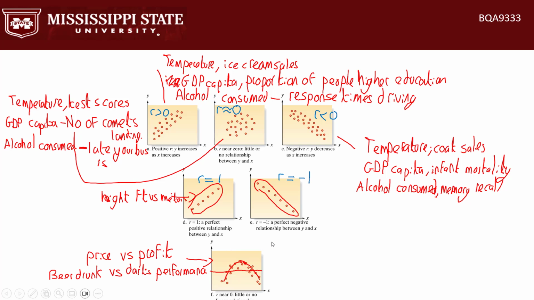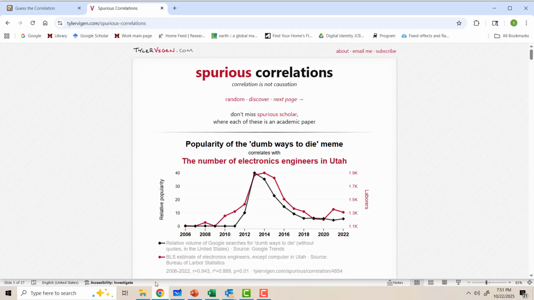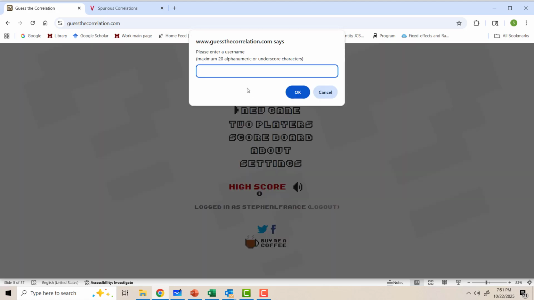Okay, so to help you learn a little bit more about the inference in correlations, we have a little game called Guess the Correlation. Usually I challenge my students to it in class, but since we don't have a class, I'm just going to play it on my own.